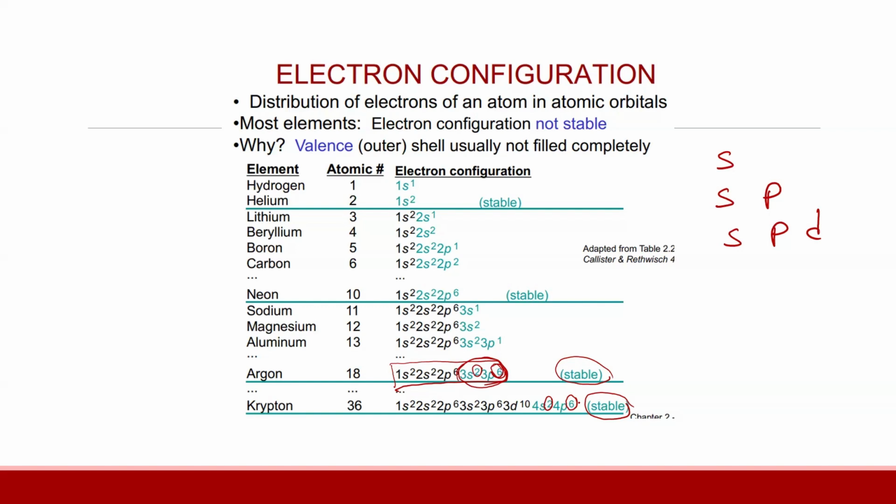So if a subshell is completed, if S is completed with 2 at the very end, outermost shell, and if the P is completed with 6, then we call that one more stable. Otherwise, it is like getting electrons or giving electrons to something else to become stable.